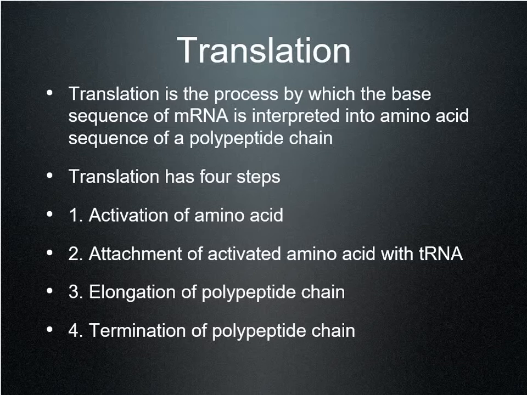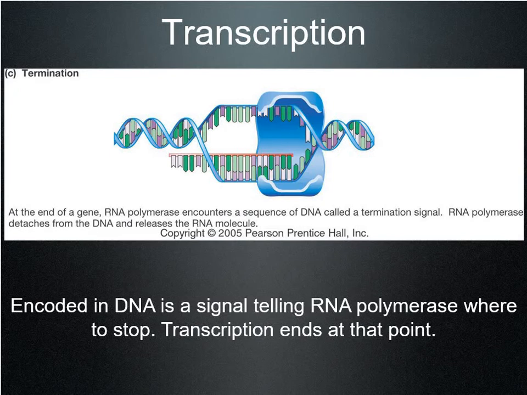Protein synthesis is a complex process having two phases, transcription and translation. During transcription, a messenger RNA is transcribed from the coding strand of DNA, and this messenger RNA will undergo splicing and processing to form a functional mRNA, and this mRNA moves to the cytoplasm.